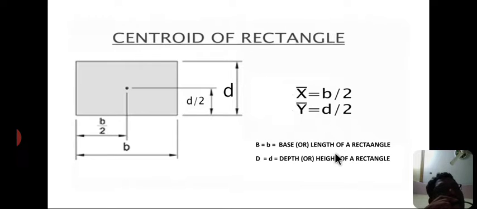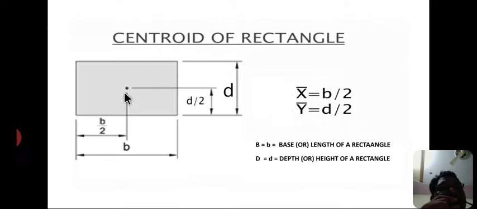First of all, you have to know the basics of the centroid of a rectangle. This is a rectangle of base B and depth D, where B refers to base or length, D refers to depth or height. This is the centroid of a rectangle.